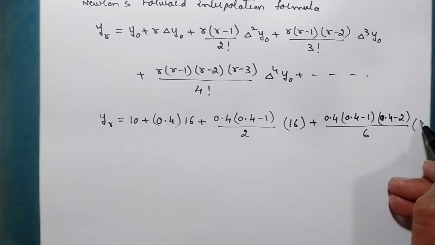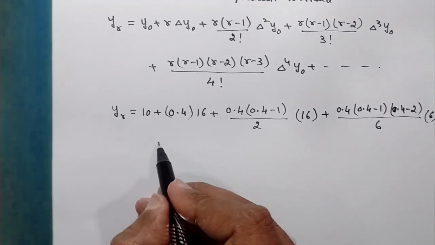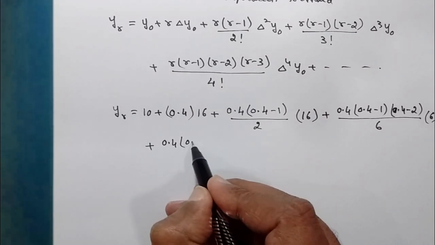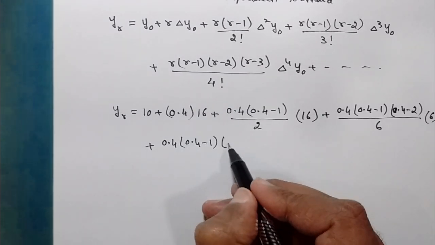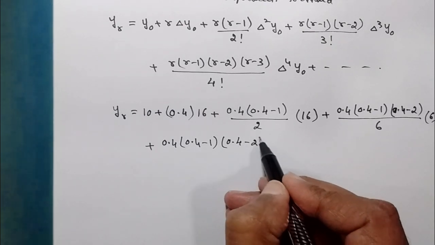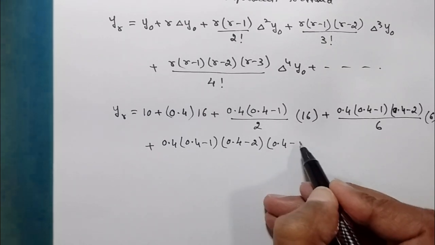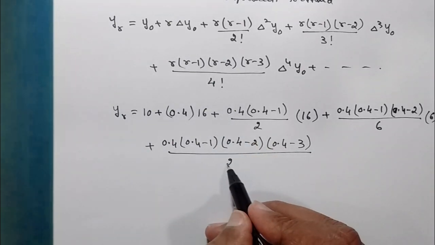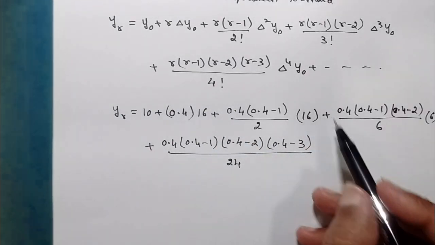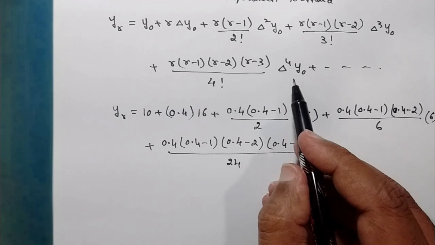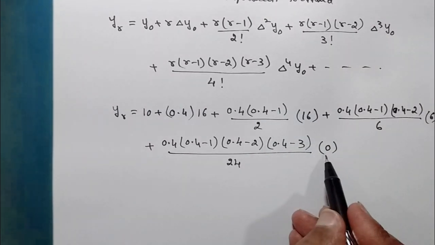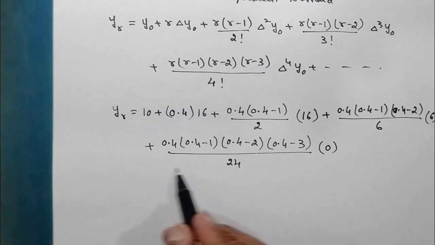In the table delta cube y naught is 6, plus r value is 0.4 into (0.4 minus 1) into (0.4 minus 2) into (0.4 minus 3) divided by 4 factorial, which is 24, into delta power of 4 y naught. Delta power of 4 y naught, its value is how much? 0. Because 0 is there, this entire term will become equals to 0.